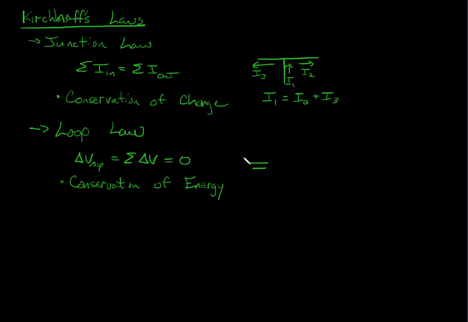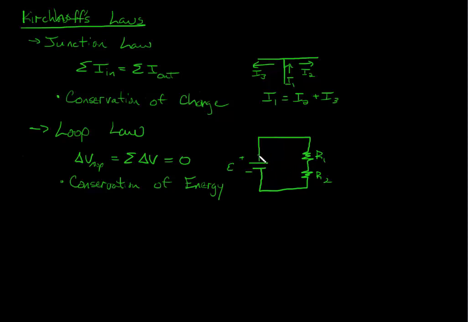So suppose we had a battery connected to a couple of resistors. And it comes back to the battery. All right, let's call this R1, we'll call this R2. This is going to be a battery, so we'll put an EMF on it.